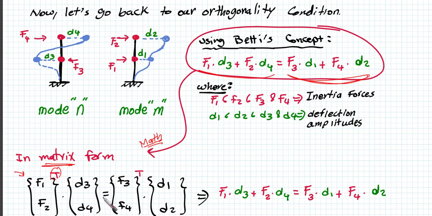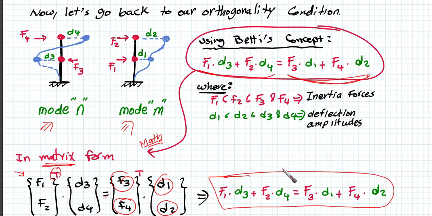The right hand side is going to be the same: F3 and F4, related to mode n, times D1 and D2, related to mode m. If you multiply this mathematically, it gives you the same equation that we put based on Bett's concept. So this is how it works for us.